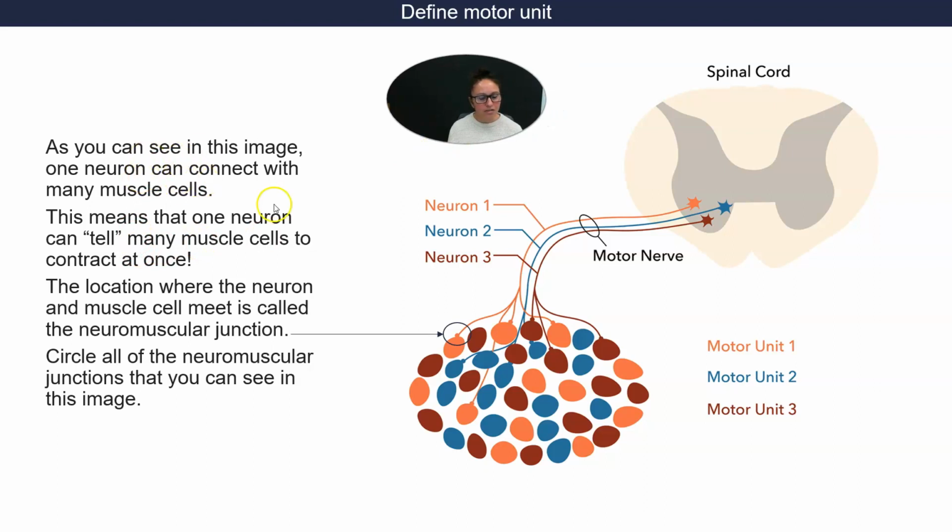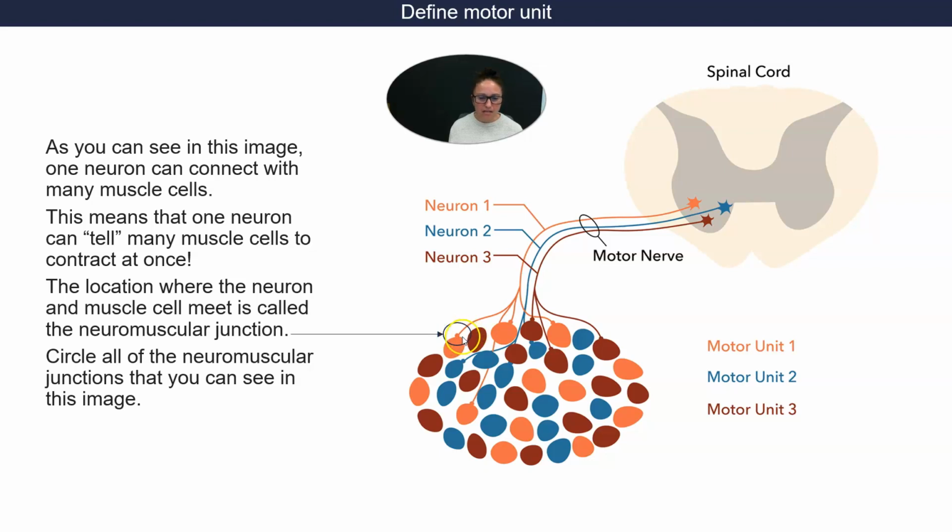All right, so we saw that 1 neuron can connect with many muscle cells, and the bit where they connect, see this bit here? That bit is called the neuromuscular junction. So as the activity, circle all of the neuromuscular junctions that you can see. So a junction, you know what a junction is, where two different places or 2 different roads meet.